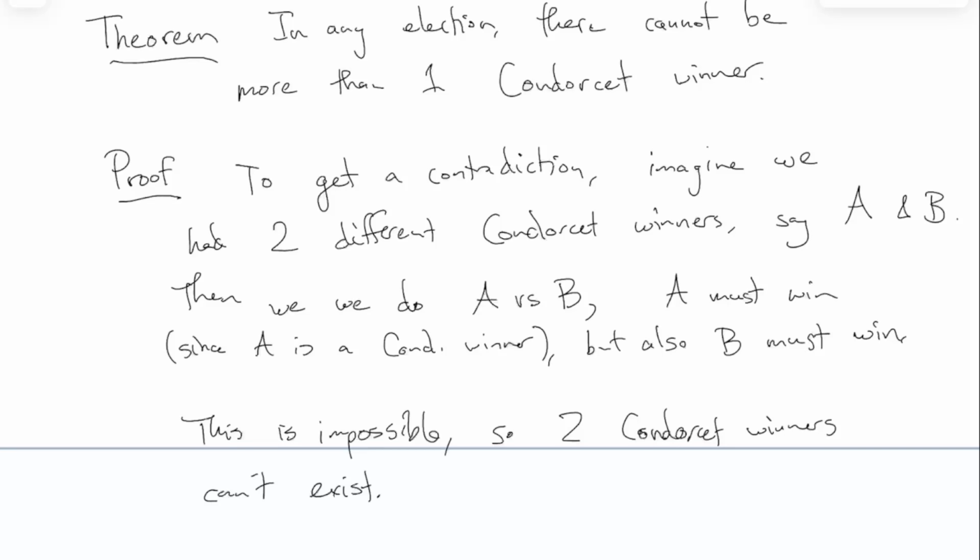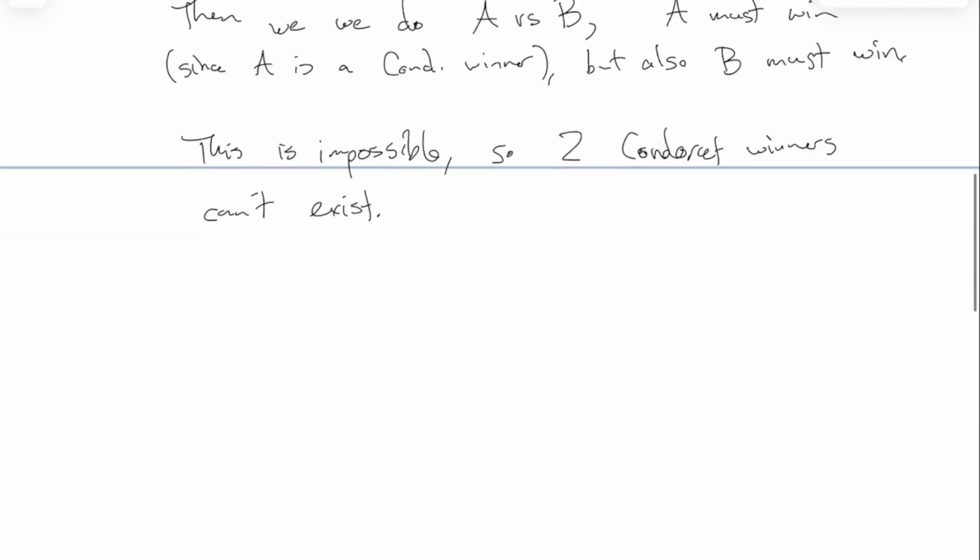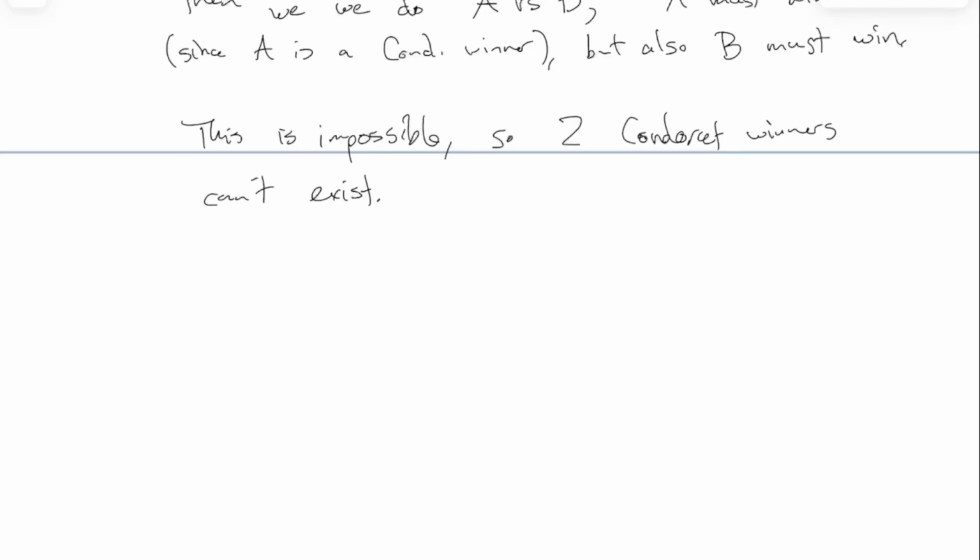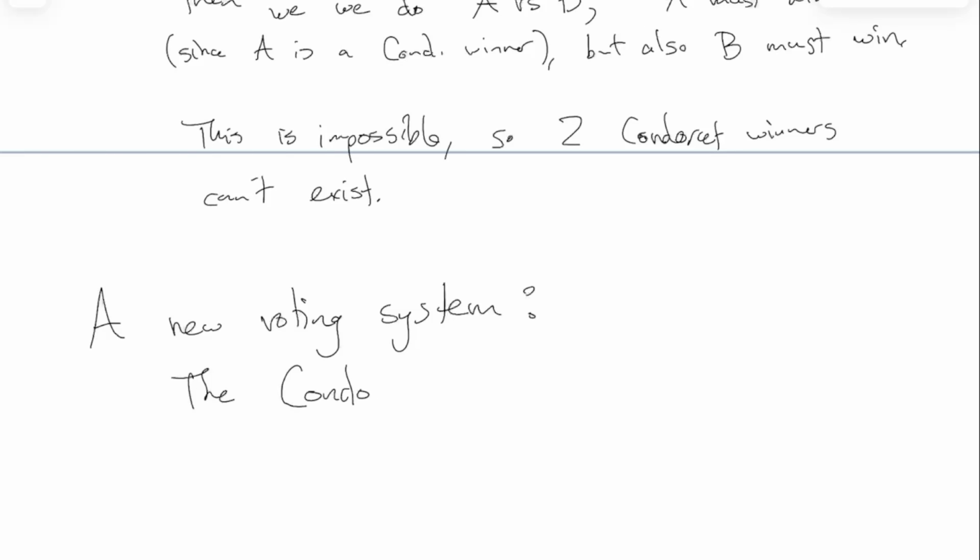And this, I didn't say this part last time, but this is why we can create what I called, so this is the last thing that I said last time, a new voting system. That is a new method for choosing the winner, called the Condorcet method.